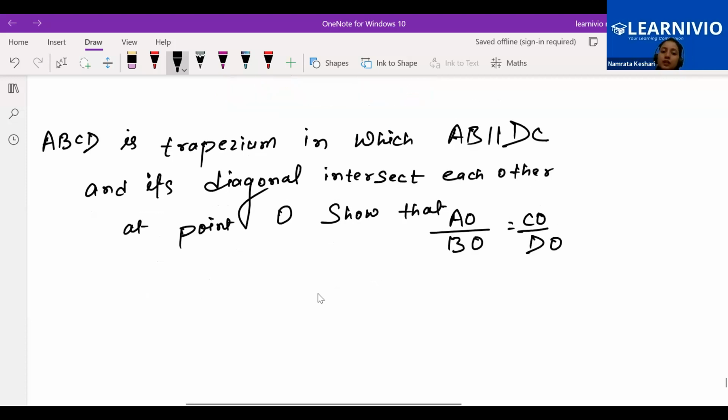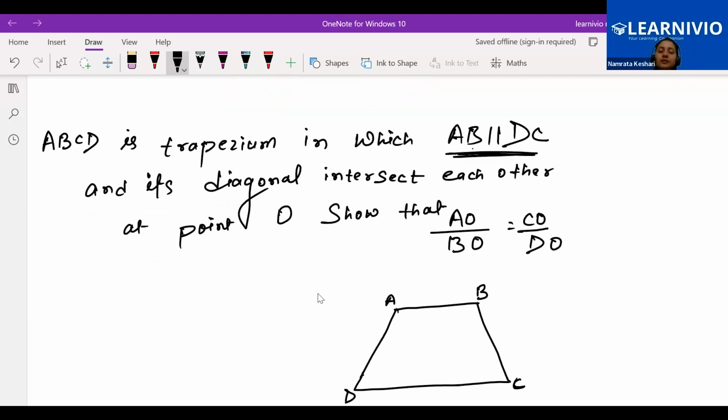Basically ABCD is a trapezium. We understand in a trapezium there is one pair of parallel sides. AB and CD are parallel, but AD and BC are not parallel. Its diagonals intersect at point O. Show that AO by BO is equal to CO by DO.